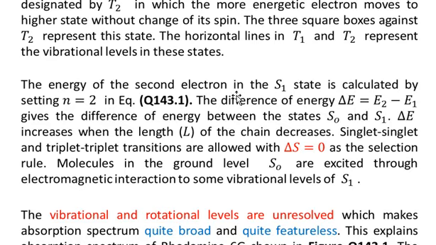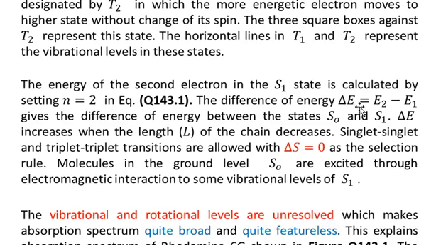The energy of the second electron in the S1 state is calculated by setting n equal to 2 in equation number 1. The energy difference will be delta E equal to E2 minus E1. Since you have moved a second electron to the energy state T2, the energy difference will be E2 minus E1, where E2 is the energy of the electron which has been moved to the higher state, that is n equal to 2, and E1 is the energy corresponding to the ground state of the electron, where this state corresponds to n equal to 1.